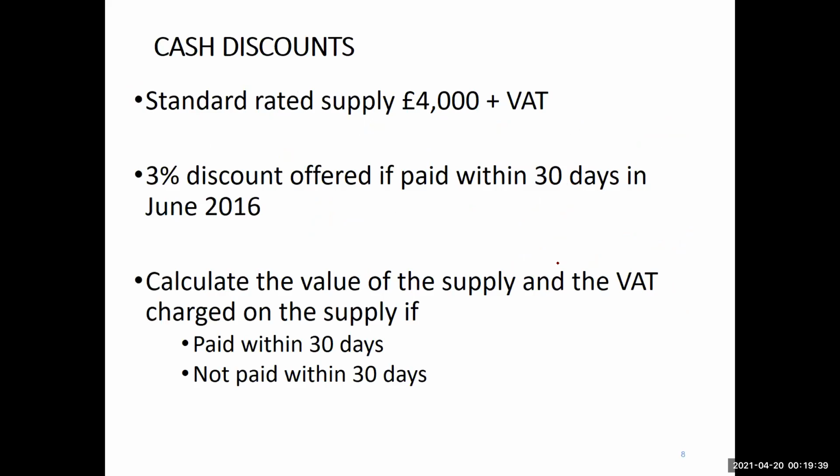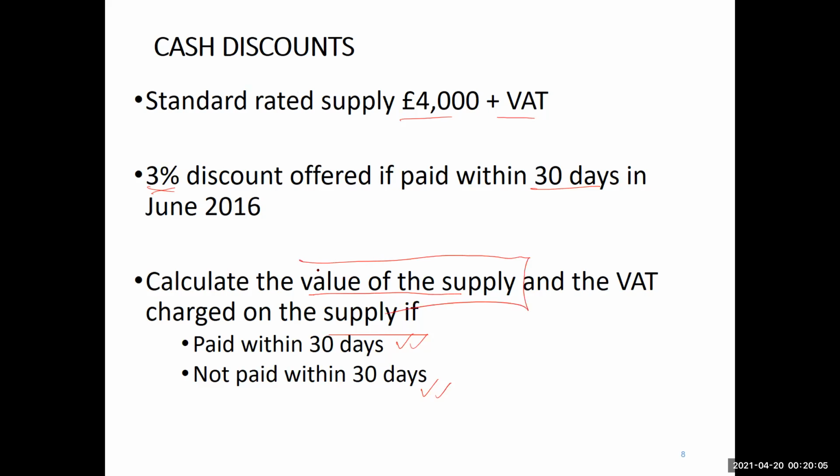So a typical example: we have a rated supply of 4,000 plus VAT. If a 3% discount is offered, that a customer should be able to pay within 30 days and take advantage of the 3% discount, the question is, what would be the value of the supply if he pays within 30 days? If he doesn't pay within 30 days, what would be the value of the supply?